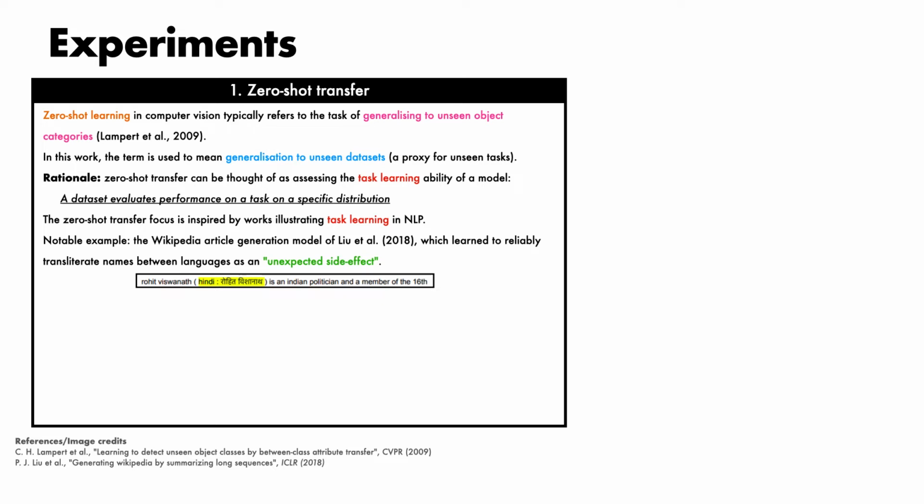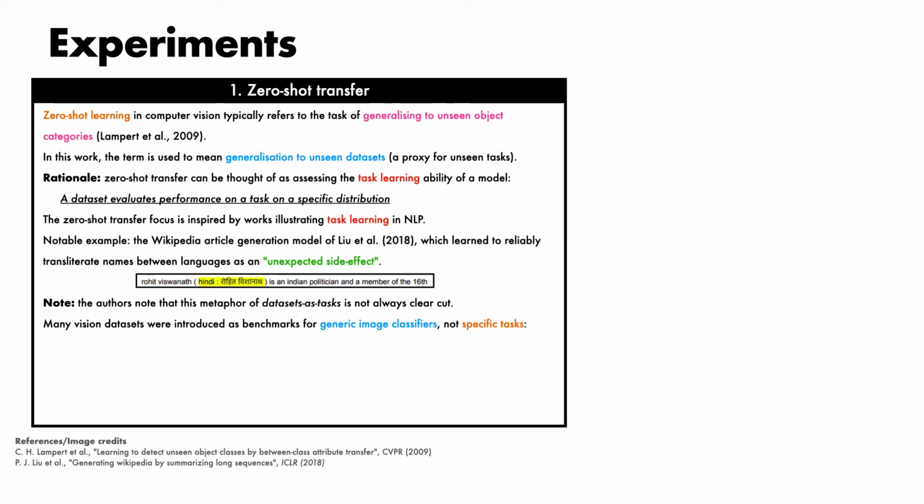In principle, evaluating models on unseen datasets seems a good proxy for unseen tasks. However, the authors note that, while useful as a motivation, this metaphor of datasets as tasks is not always particularly clear-cut. In part, this is because many vision datasets were introduced as benchmarks for generic image classifiers, rather than specific tasks.